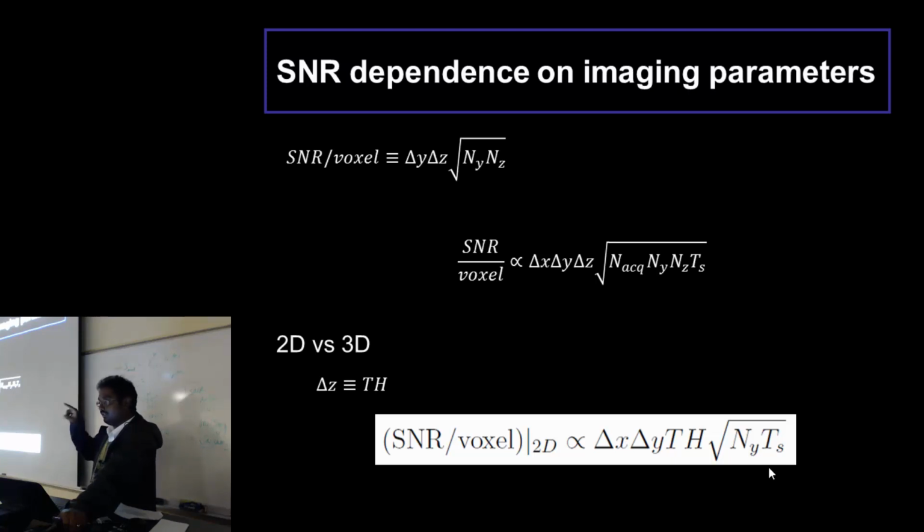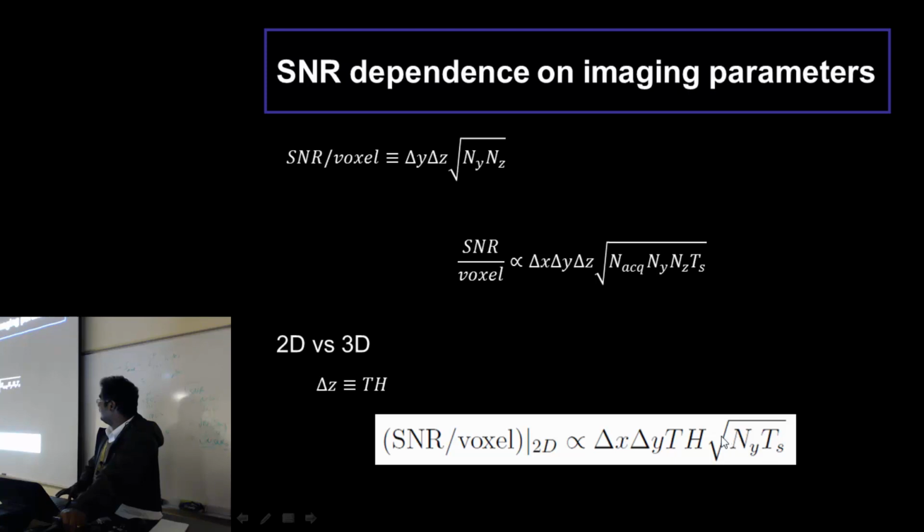We talked about this similar approach last time as well in one of the classes in terms of the imaging time duration. So if the TR in a 2D experiment is equal to NZ times TR of the 3D experiment, then the imaging time is the same. Okay.